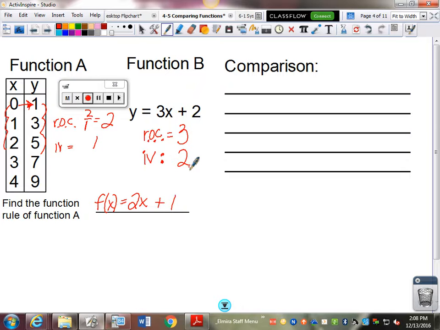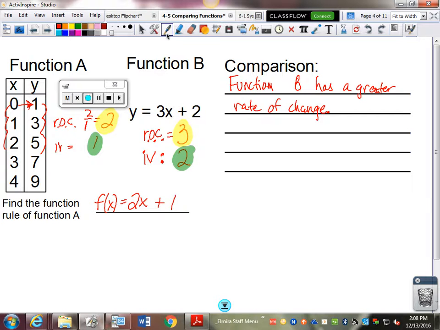If I were going to write a sentence about this, I would be writing something like comparing rates of change. So I would be looking at the rate of change of 2 and the rate of change of 3. And I could say something like function b has a greater rate of change, or I could talk about our initial values.